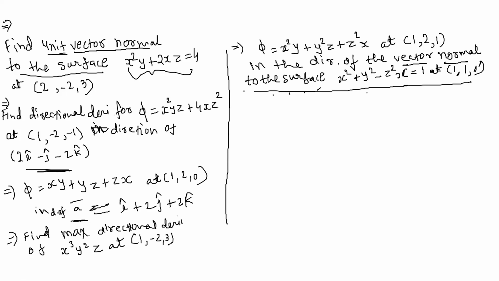This is your last question. So start honestly. What is your xi? Your xi is x square plus y square minus z square x.